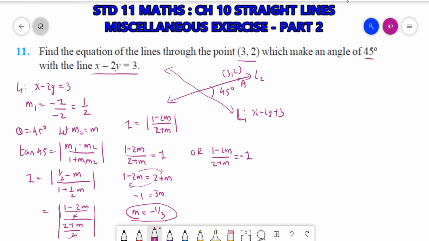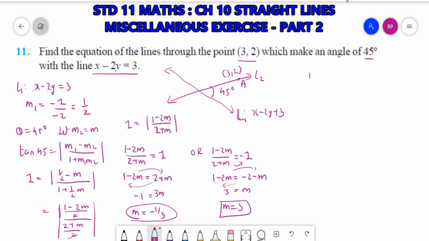Or, 1 minus 2m is equal to minus 1 into (2 plus m), minus 2 minus m. On the other side, it will be 2m minus m, and 1 minus 1 plus 2 is 3. So m is equal to 3. So I got the slope. The slope is either minus 1 by 3 or 3.